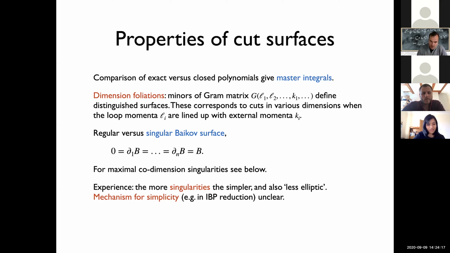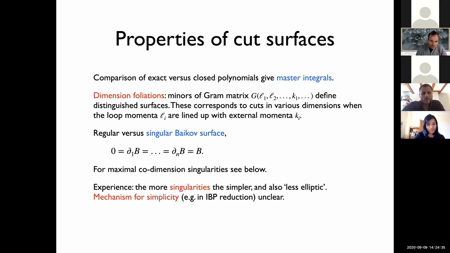But you can also have minors vanishing, which imply that the dimensionality is reduced even further. So these are distinguished surfaces, and they are very natural, and one should typically see traces of this structure in the computation.